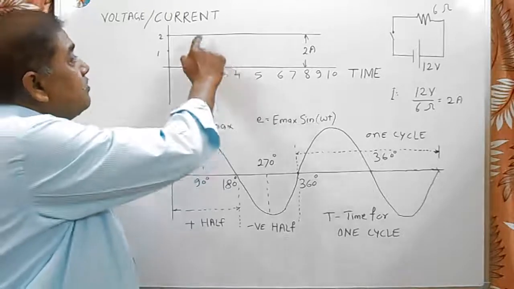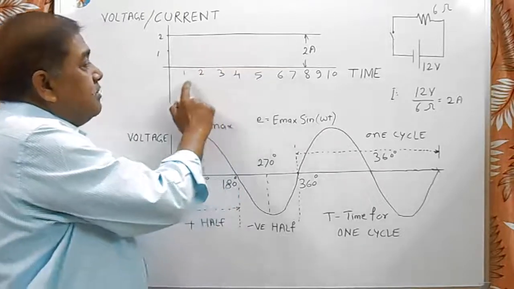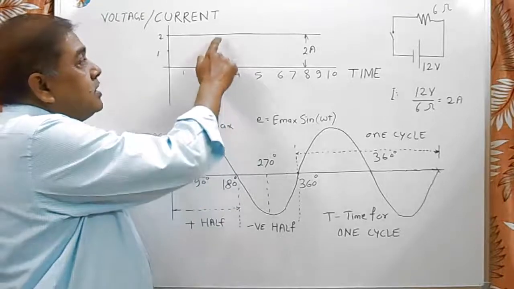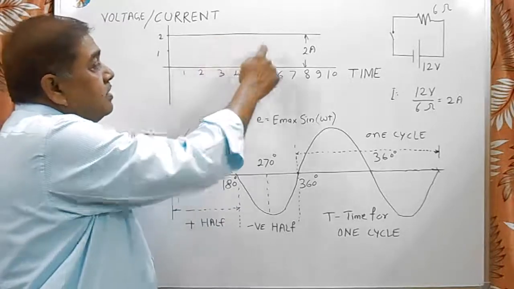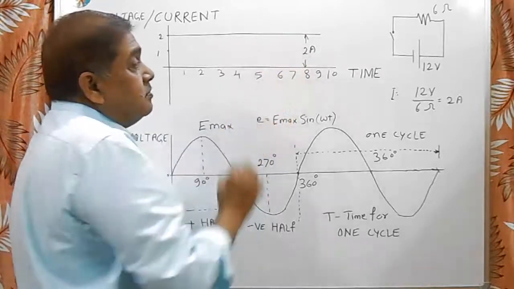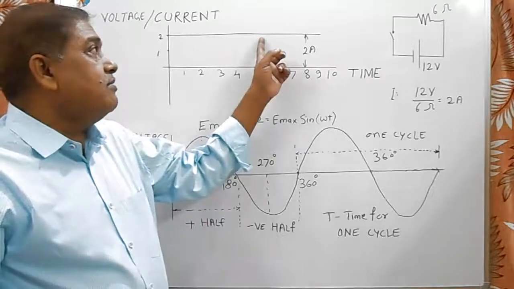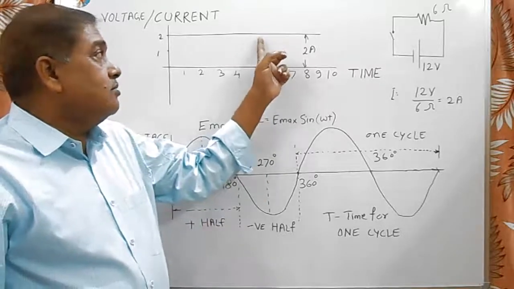It means the value of current is always 2 ampere irrespective of the time. At 5 second, current is 2 ampere, at 6 second, current is 2 ampere. For any value of time, the current is always constant, that is 2 ampere.